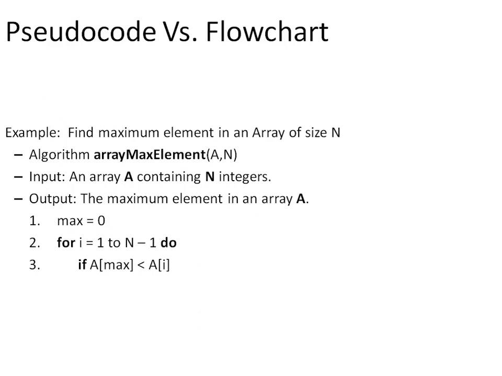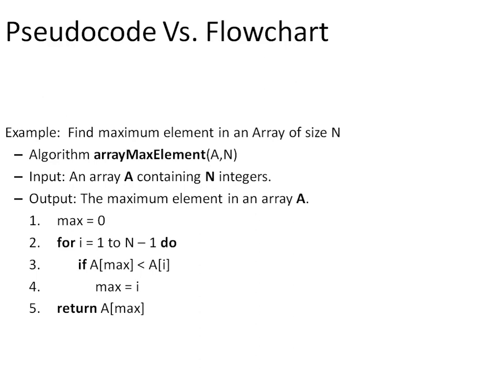If A[max] is lesser, then update max to I at line number 4. Finally, when the loop terminates, the maximum element is found at index position max and A[max] is returned.